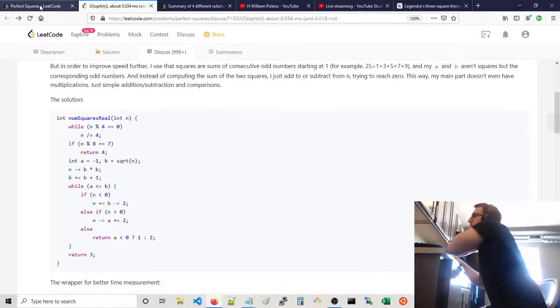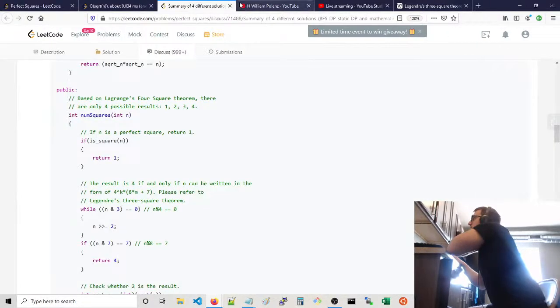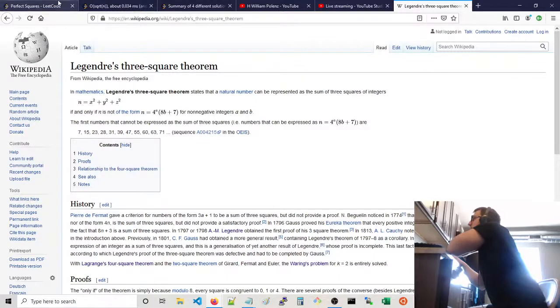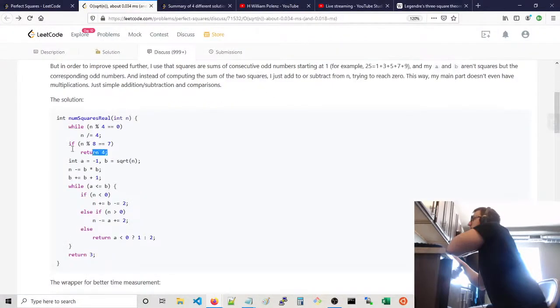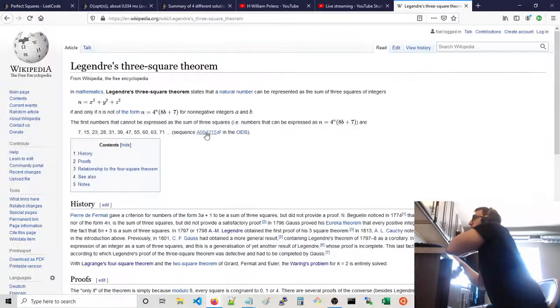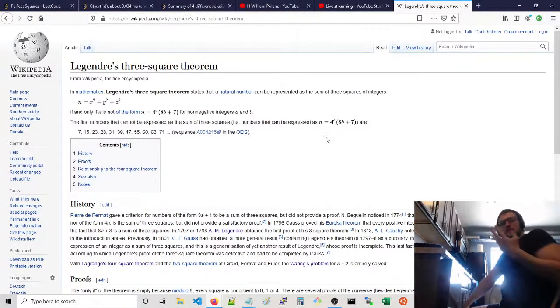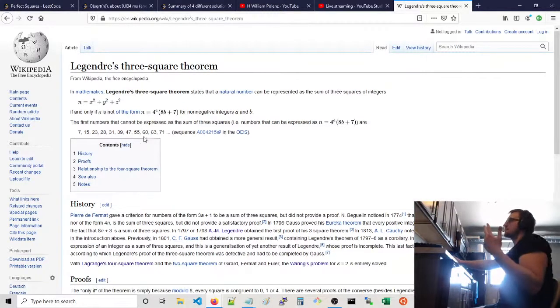Okay, so let's start with the 4, right? So you really have it could be 1, 2, 3, or 4, right? If it's not of this form, then it's 3. Now the question is, though, even though it could be written as the sum of 3, is that the minimum?